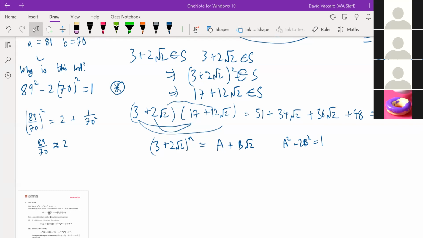That is 22,619,537 plus 15,994,428 root 2.